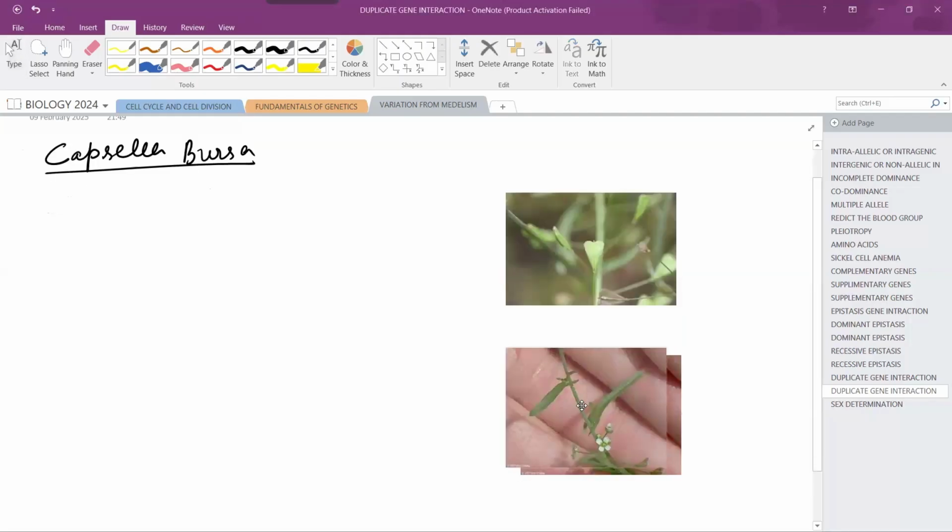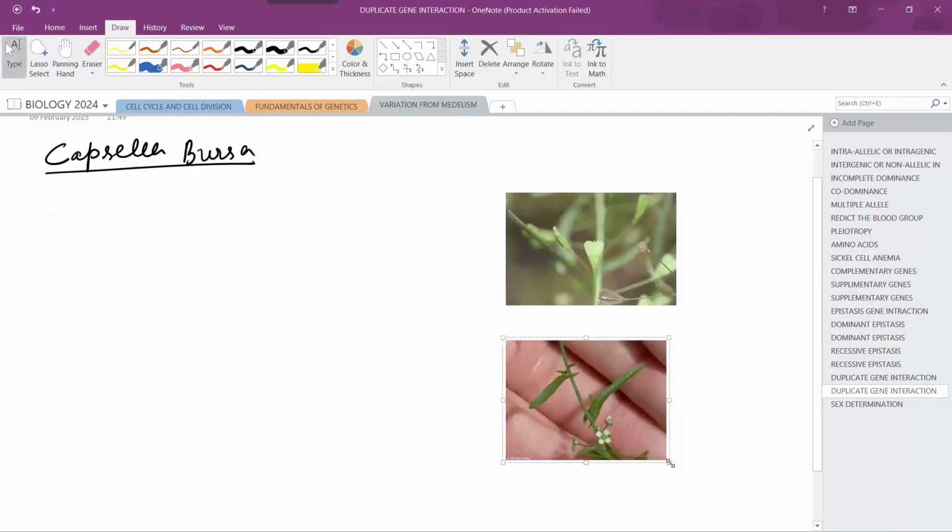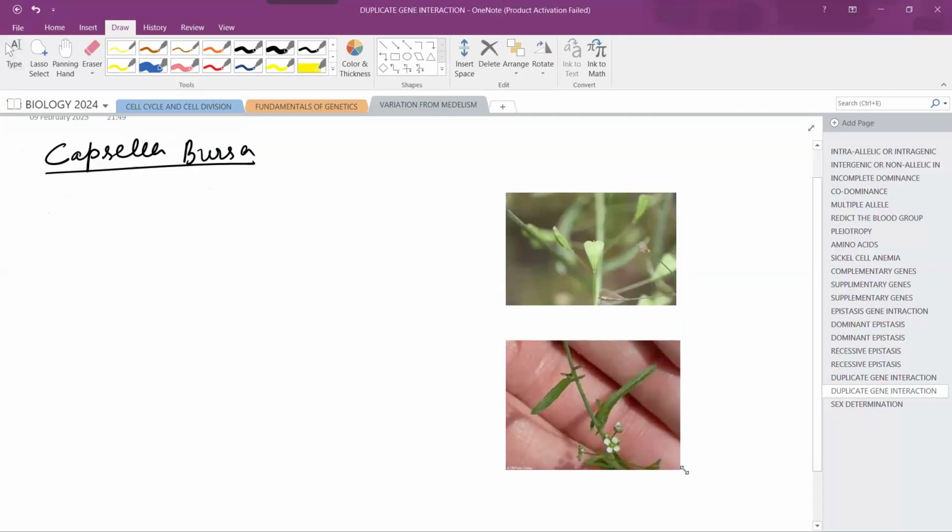See, two different images. Can you identify the shape of these two fruits?